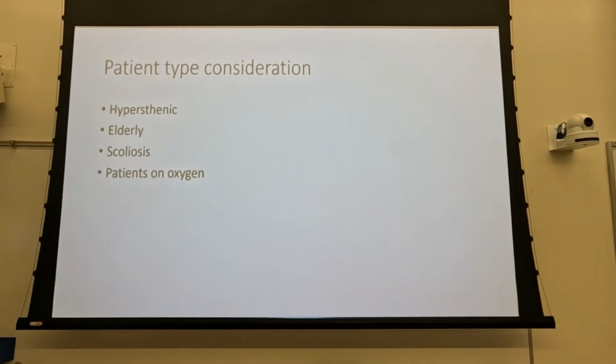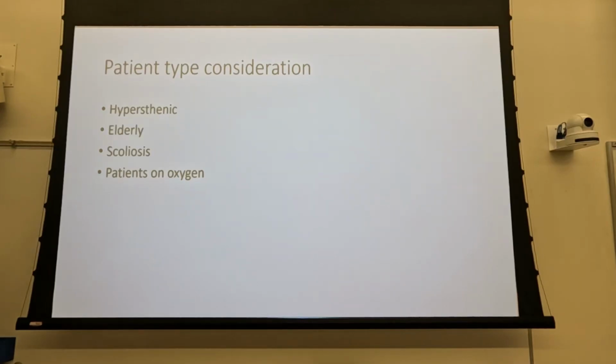So consider patient type. As far as your collimated field goes, the image receptor size is pretty much a square. You may work with a rectangular one that you may have to swap out the orientation of, but hypersthenic, you're going to have a broader, shorter lung, so broader, shorter collimated field. Elderly patients tend to not have as much lung volume anymore, especially if they've gained weight over the years.